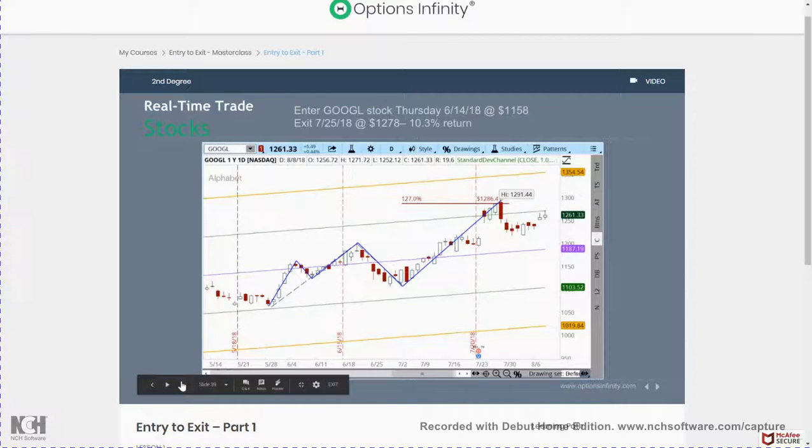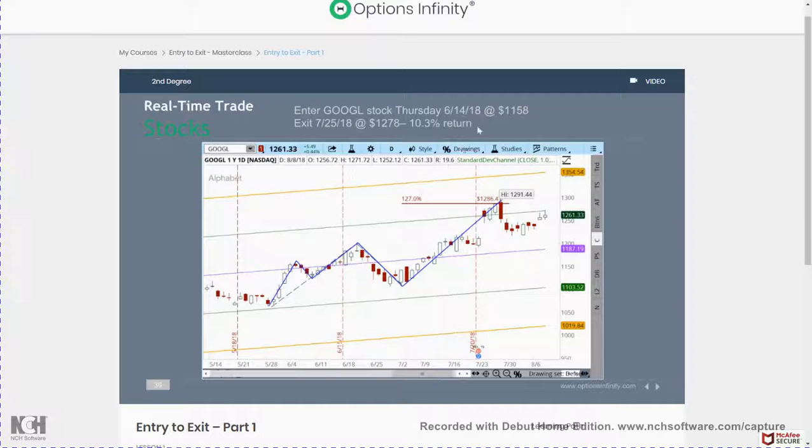Here's a recent trade with stock. Entered the Google stock on Thursday, June 14th of this year, which was right around here when it made a measured move. See, Google reacts a lot to the ±1 standard deviation. So when it came down here, I felt pretty good that this was going to be something I needed to react to. And it did make a measured move.